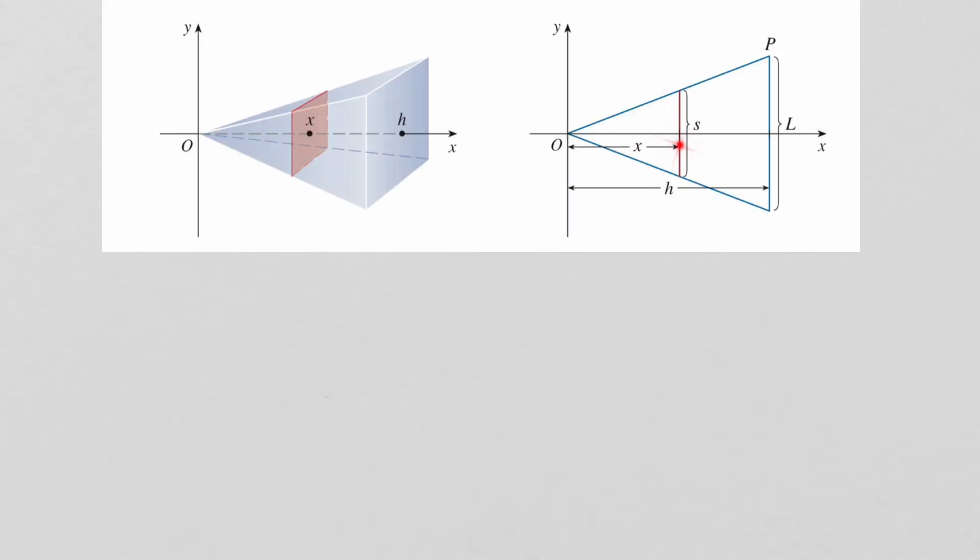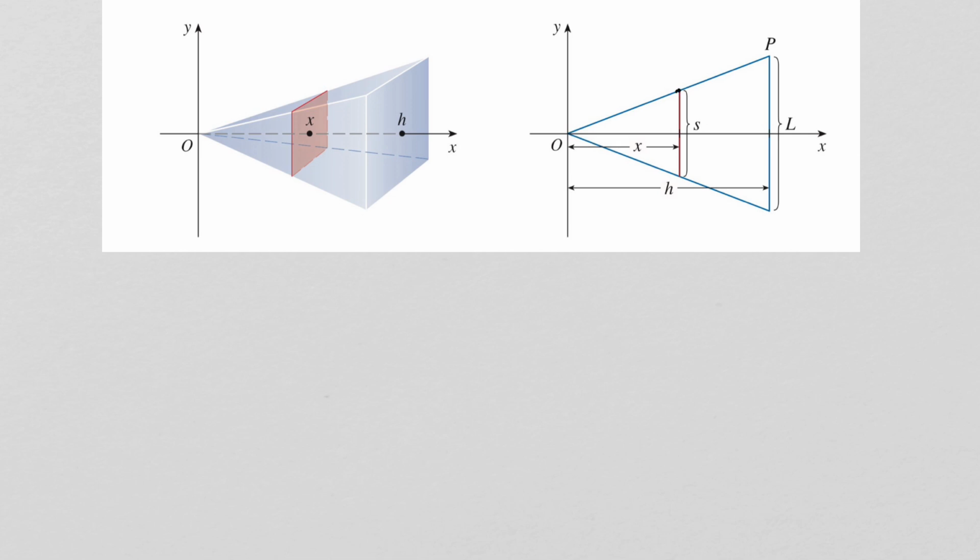So to find out what s is, I'm going to use the fact that this triangle and this triangle are similar triangles, so we can set up a proportion with their sides.